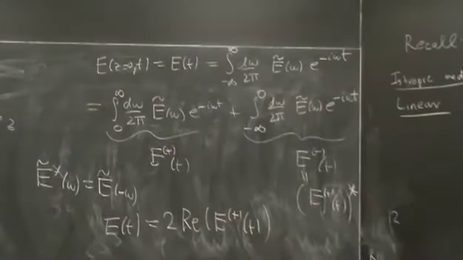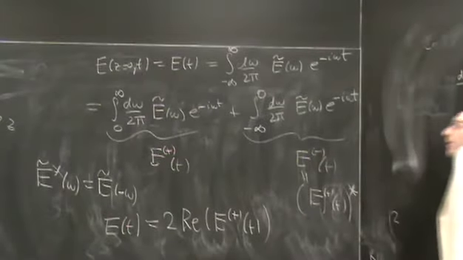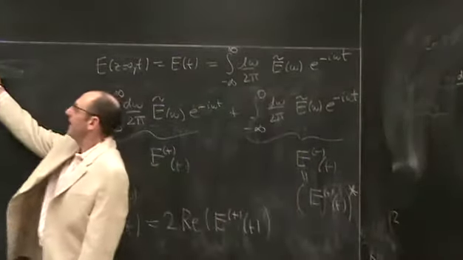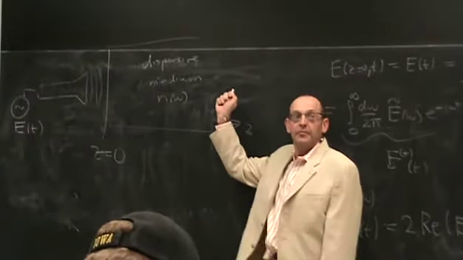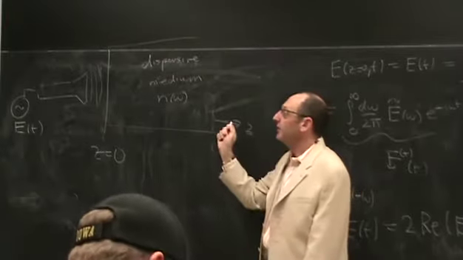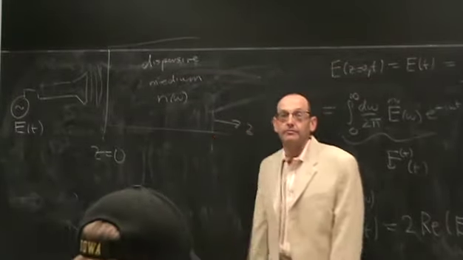All right, so that's the input signal. What is the signal if I had a microwave antenna down here, somewhere downstream? I want to know what is the electric field as a function of time at some position z.